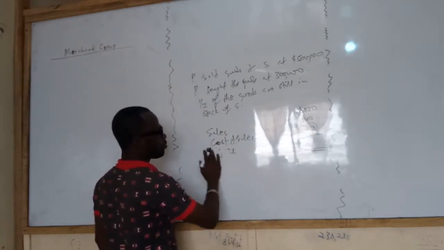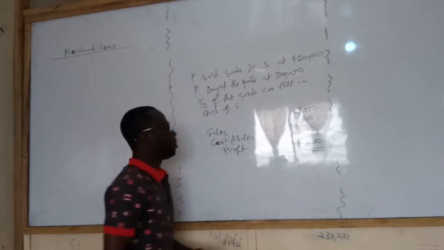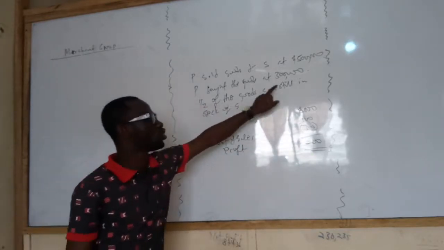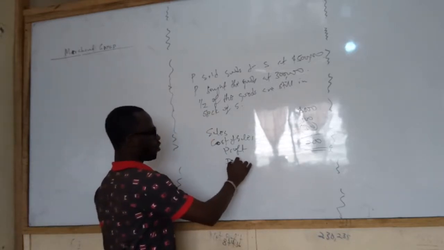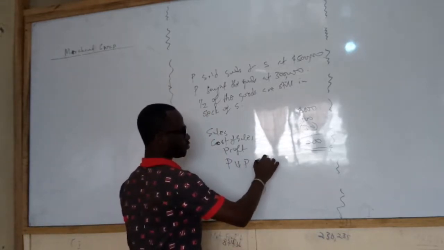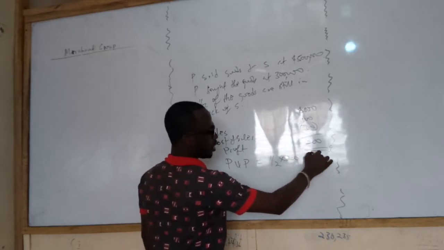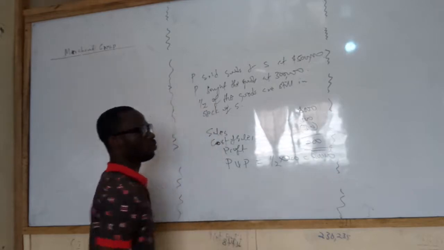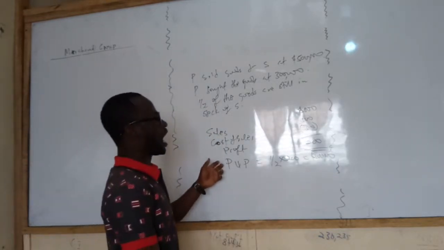Provision for unrealized profit is what? 200. But we are told that half of the stock are still in stock. So provision for unrealized profit will be half of the 200, right? And that's going to be 100,000. So how do we account for this?